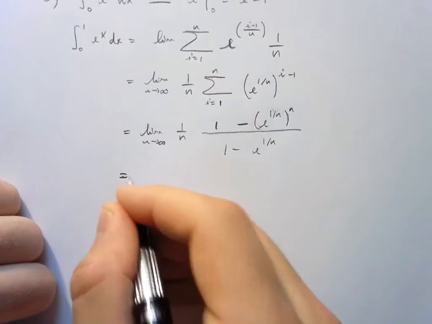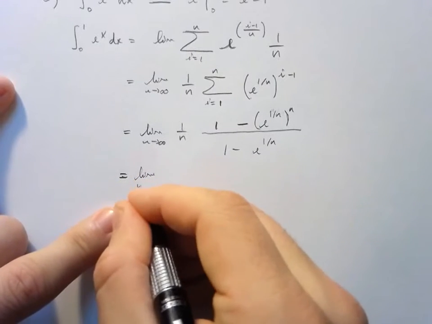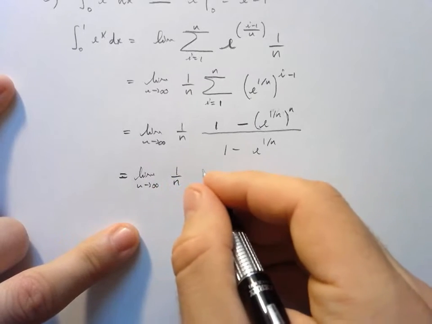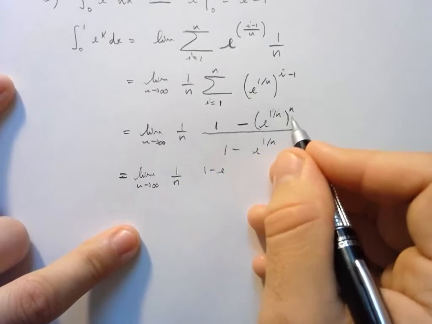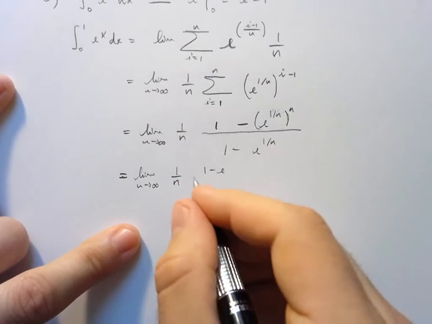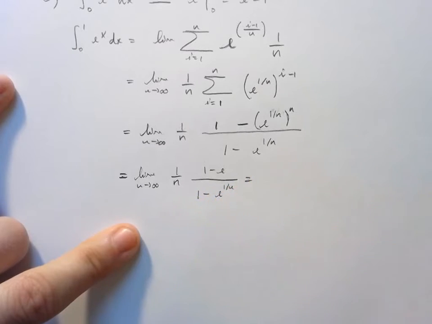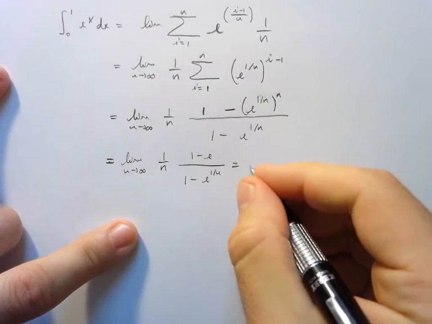Okay, what does that equal? This is the limit as n goes to infinity of 1 over n. On top I have the constant 1 minus e, because the nth root of e raised to the n power is just e, divided by 1 minus e to the 1 over n. I'm going to rewrite that now.